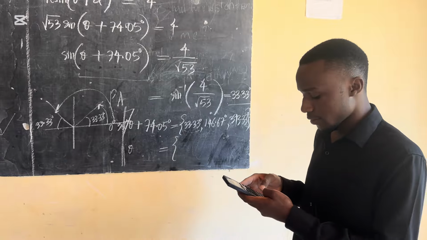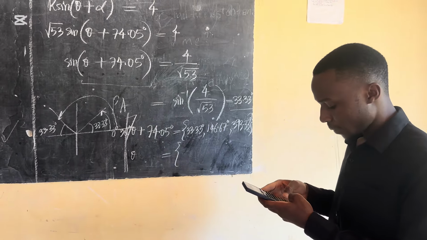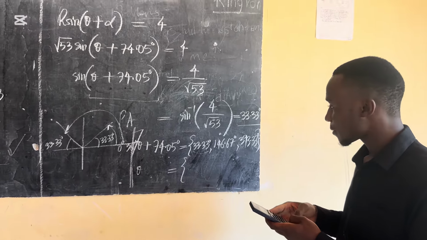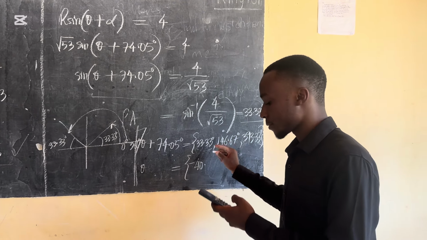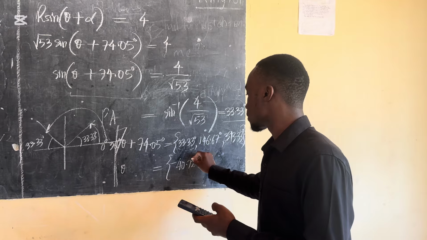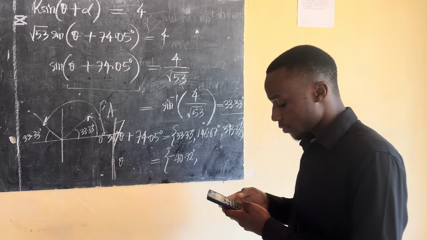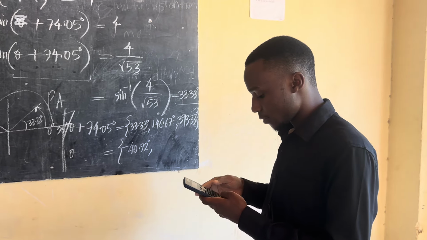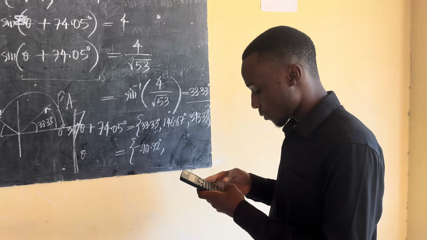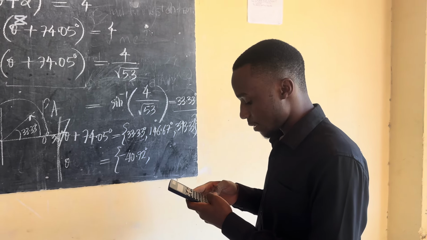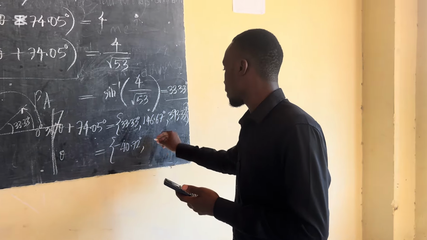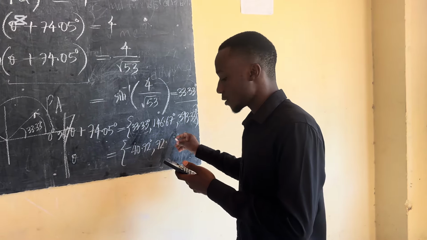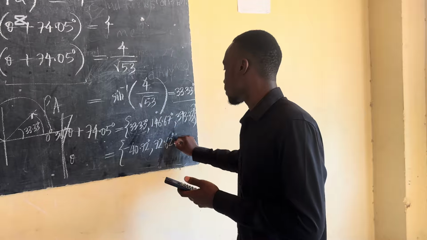So this one minus 74.05, 53.33 minus 74.05 gets us a negative angle, negative 20.72. Also the 126.67 minus the 74.05 gets us a 52.62.